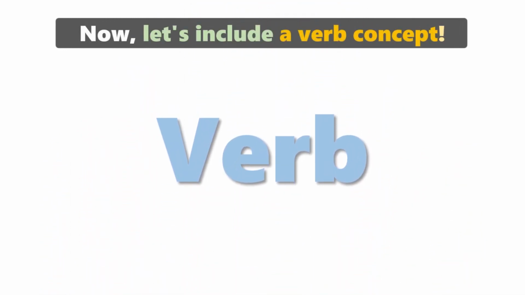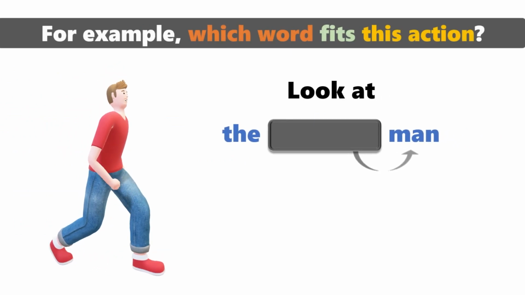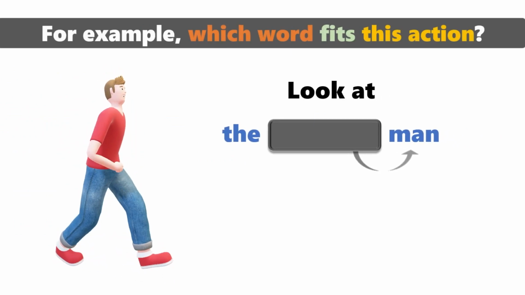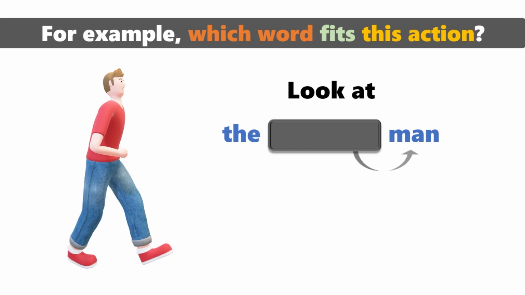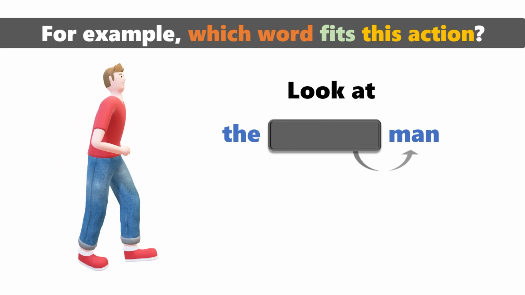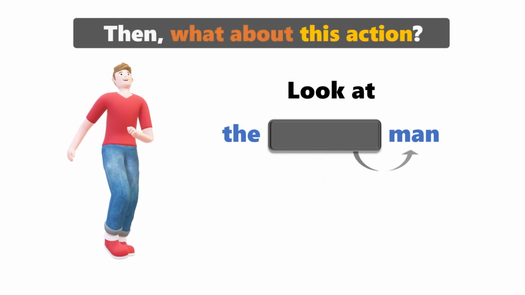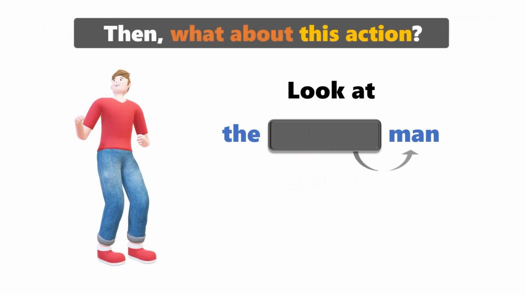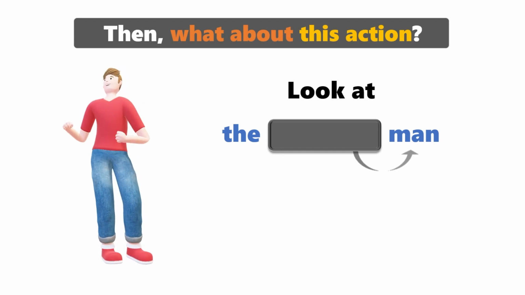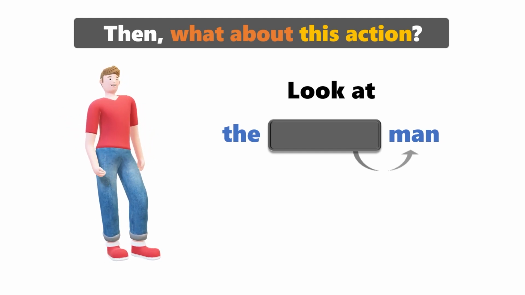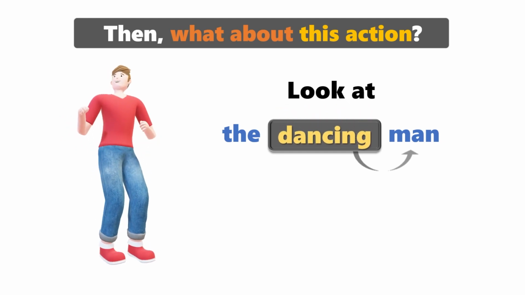Now, let's include a verb concept. For example, which word fits this action? Yes, you can say, look at the walking man. Then, what about this action? Yes, you can say, look at the dancing man.